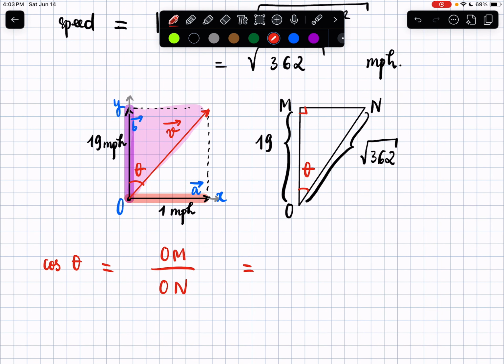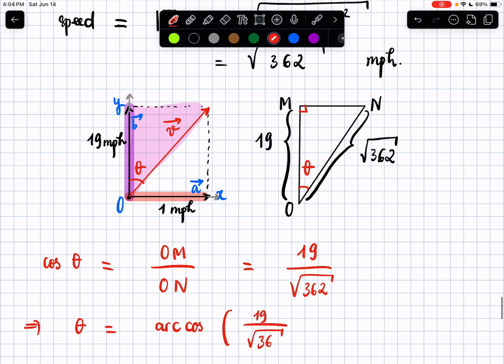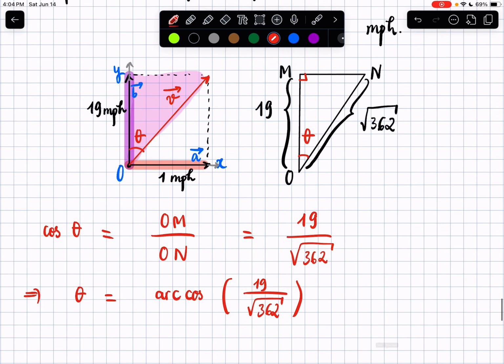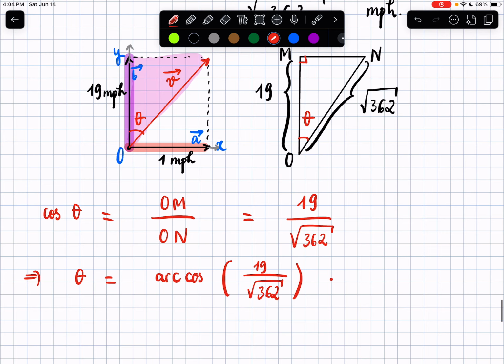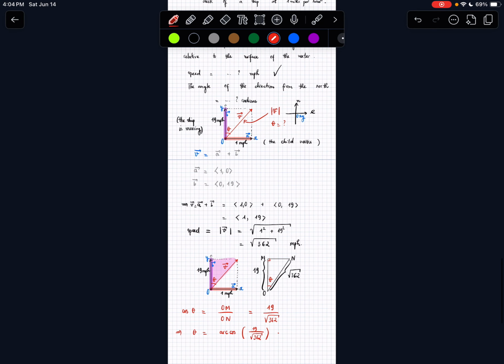OM is 19 divided by the square root of 362. Theta equals arc cosine of 19 over the square root of 362. This is the angle theta we need to find. Yeah, so the second part will be done.